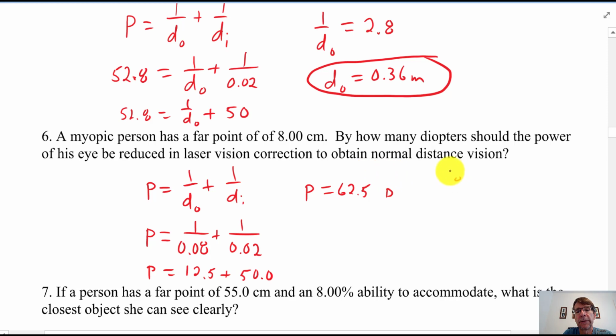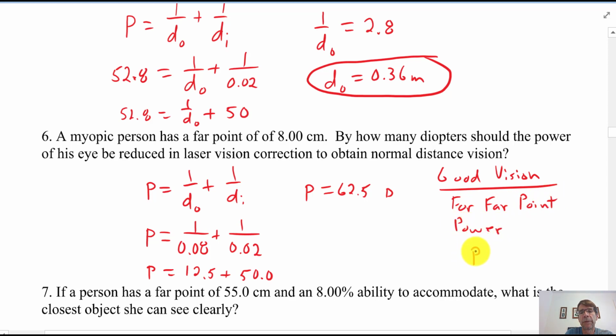For good vision, the power for the far point, you can look back at problem number 1. The power was, I think, 50 diopters.